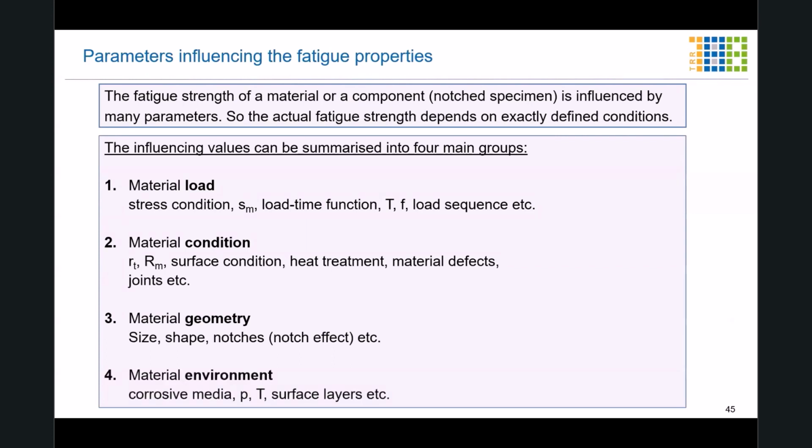And the material environment. Is there corrosive media? What are the temperatures? For example, for cubic body-centered lattice structures, there's a higher impact of the testing temperature in comparison to cubic face-centered lattice structures.